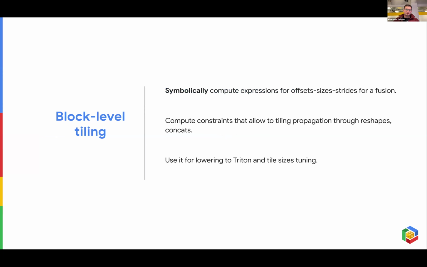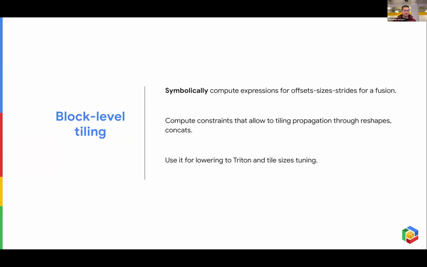Also, indexing maps are used for block level tiling for Triton only right now. And what we do is we symbolically compute tiles, so offsets, sizes, and strides for every op within the fusion. And then we also compute constraints because, for example, in the fusion, you can have some ugly reshapes that introduce an additional constraint on the tile size.